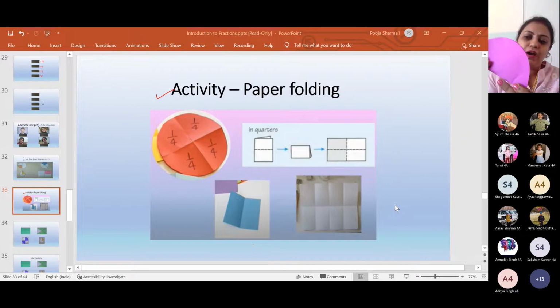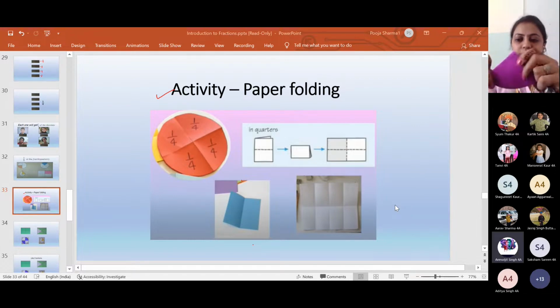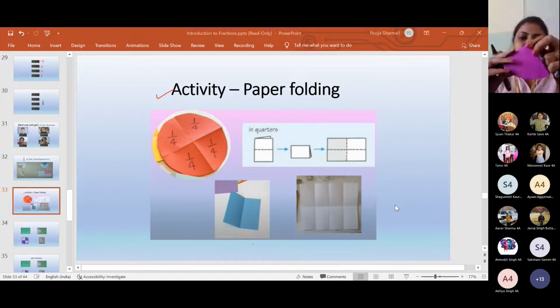Okay, now I am making one more fold over here. Please wait. Okay, I have made one more fold.